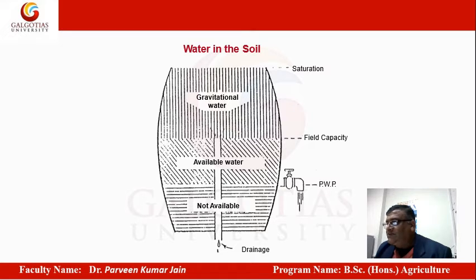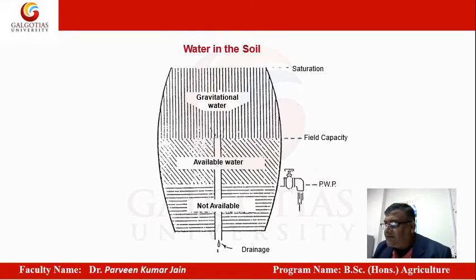This is the situation where lots of surplus water is there, beyond the capacity of the soil to bear. All the soil's micro and macro pores, whatever air and structure was there inside, are being filled up with water, and no more water can be held inside.